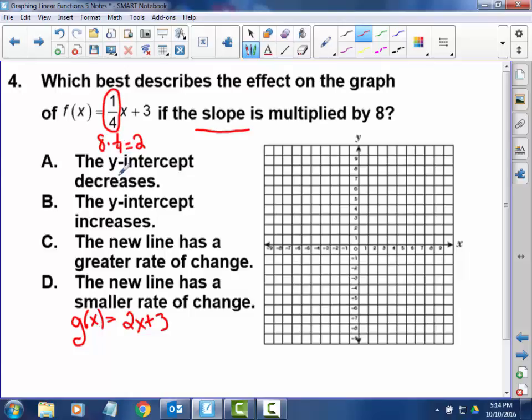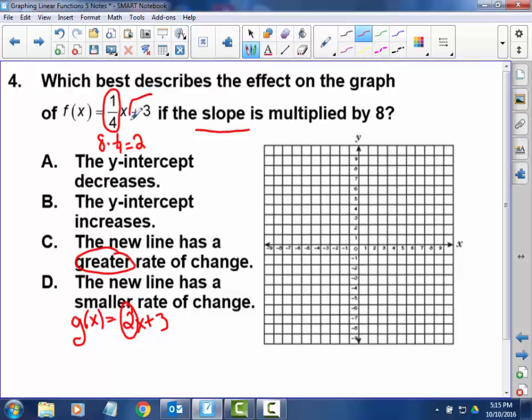So what's going to happen? Is the y-intercept going to decrease? Is the y-intercept going to increase? Does the new line have a greater rate of change, or does the new line have a smaller rate of change? Okay. Well, just looking at the equation, we know that 1/4 and 2 are my rates of change, and 1/4 is smaller than 2, which means that my new line, g of x, has a greater rate of change than does my old line, which was 1/4 x plus 3.